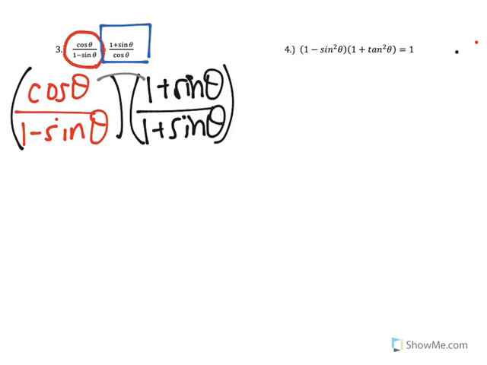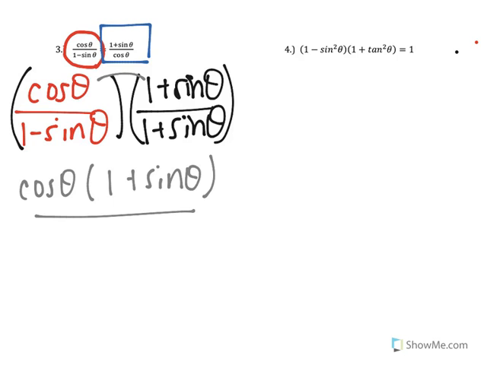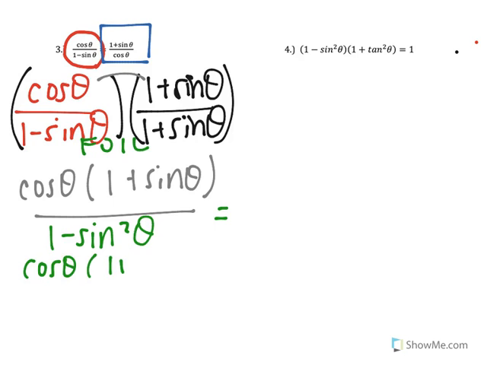I'm going to multiply the top. Remember, leave the cosine out. Do not distribute it in. But I am going to FOIL the bottom. And I'll get 1 minus sine squared. And then what's going to happen is I'll have my identity on the bottom. 1 minus sine squared is cosine squared.